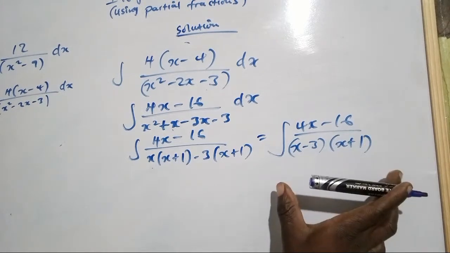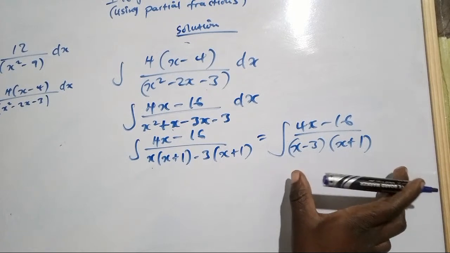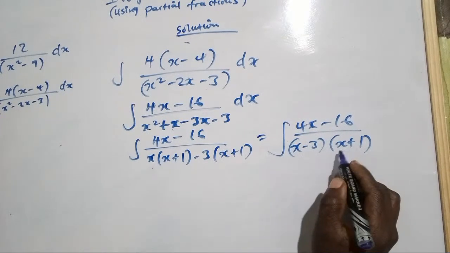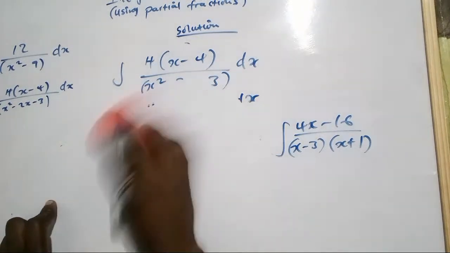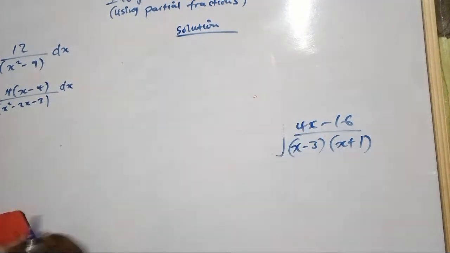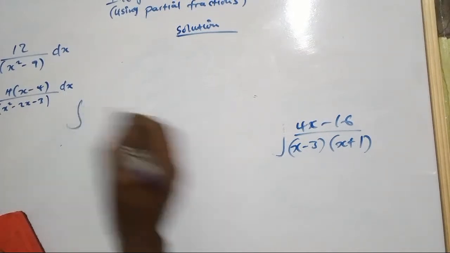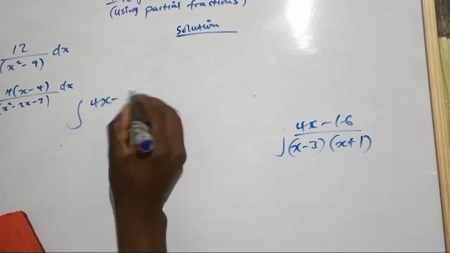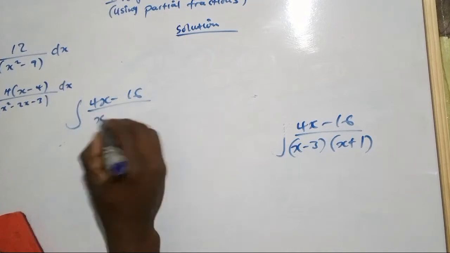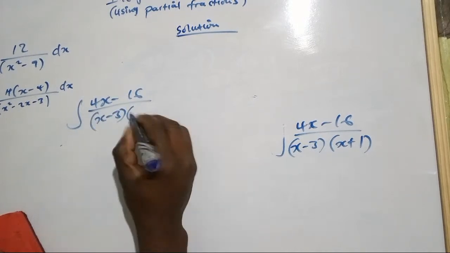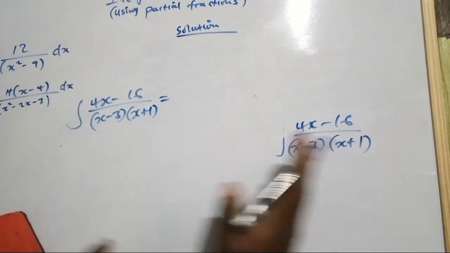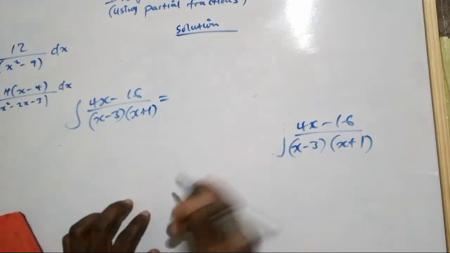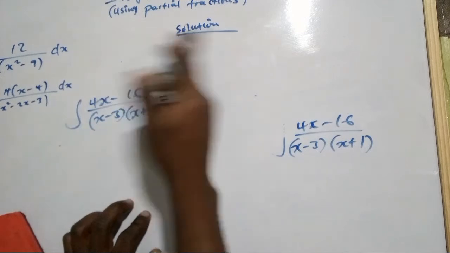And since we have the product of two factors down here, we can take this term to be the integral of 4x minus 16 over x minus 3, x plus 1, equals to, now you introduce what they call partial fractions, resolving the partial fraction.